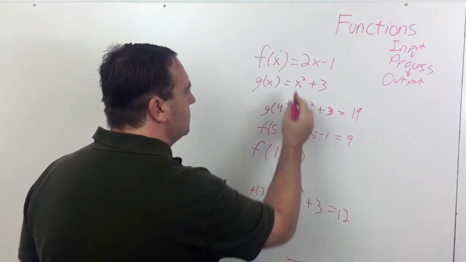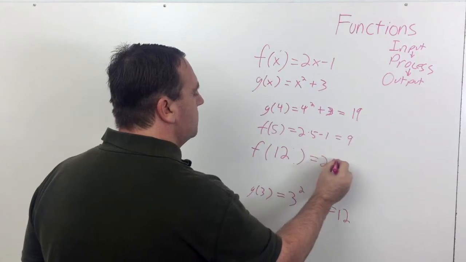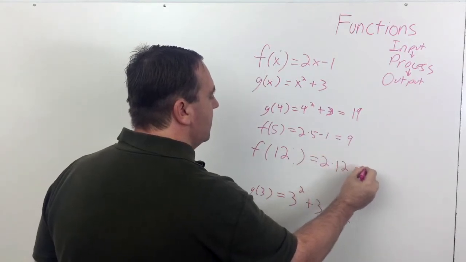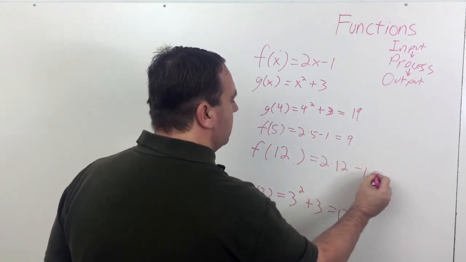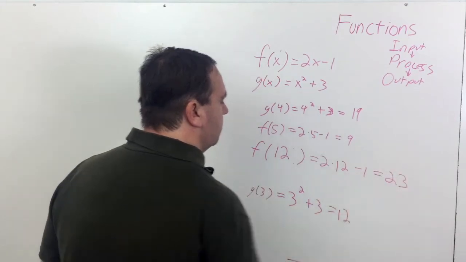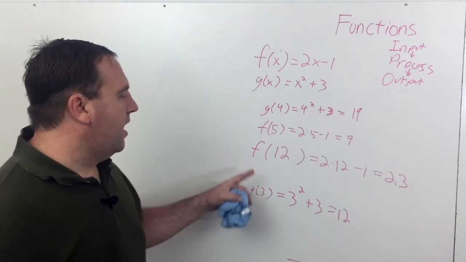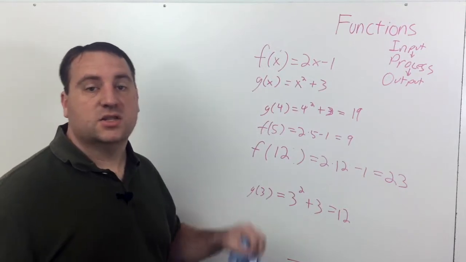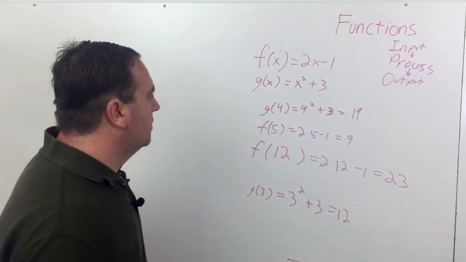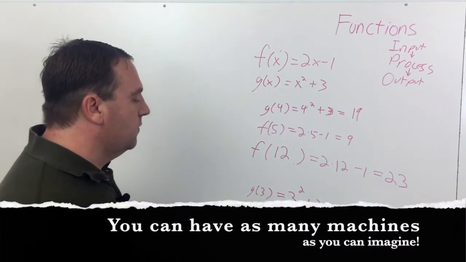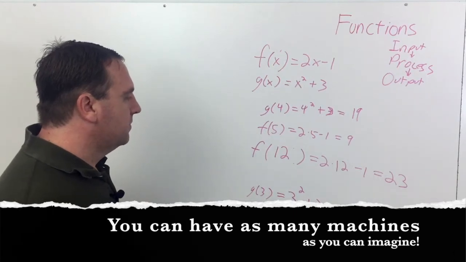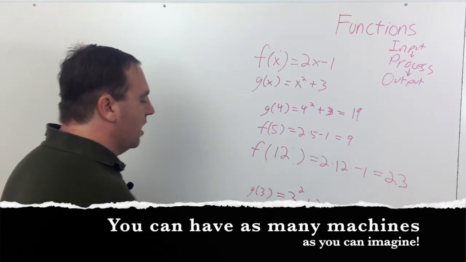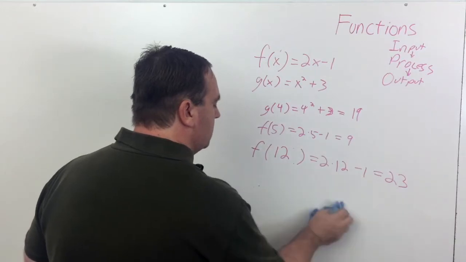And so that is equal to 2 times 12 minus 1. That's equal to 23. Okay, so here we had a machine that processed the result of another machine. So we can keep on doing that as long as we want. We can have it as complicated as we want. We can switch it around.